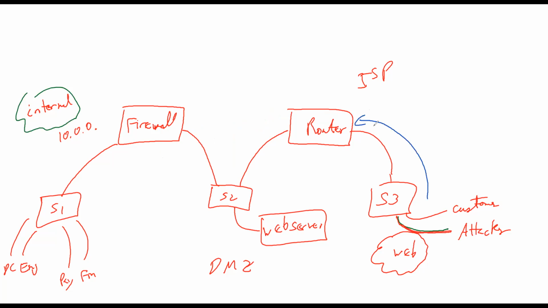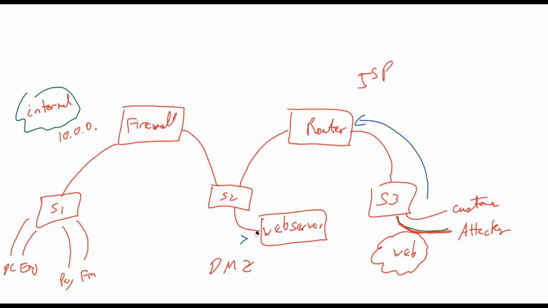They can hit your web server, and they can hit as far as here. But an attacker also should not be able to get through the firewall, right? And cannot get to your internal network. But remember, they live on switch 3, which is the web, because it's the entire internet.